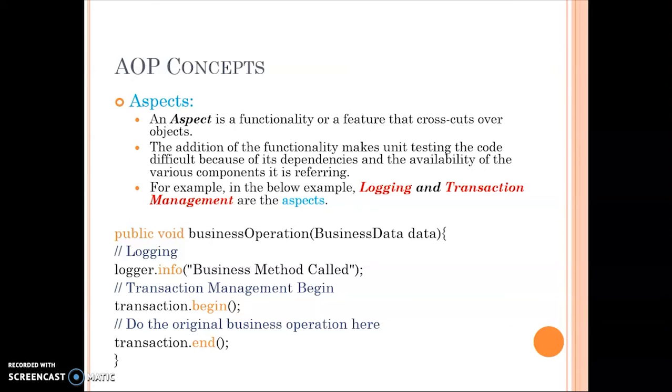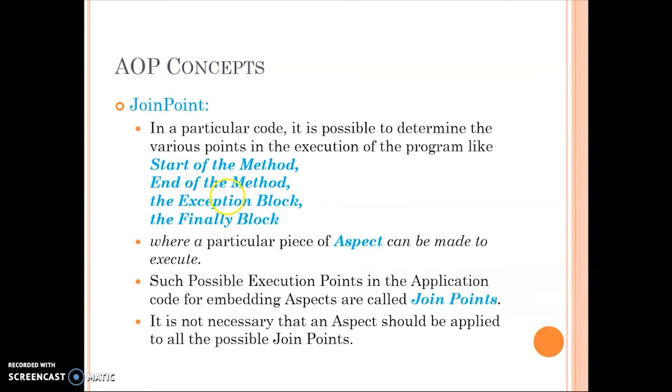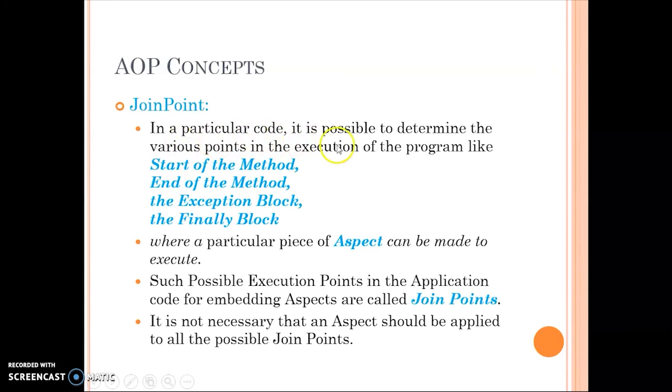This sequencing or this order of calling a particular set of code will be easily implemented with a concept called as join point. Okay, now join point helps you in determining what could be the various possible places where you can insert or where you can put your aspect code.